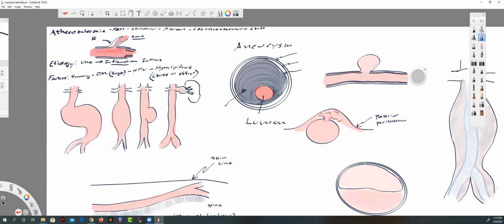This whole gray area is thrombus. We don't normally see thrombus in arteries, guys, because thrombus occurs where the blood is traveling very slow.